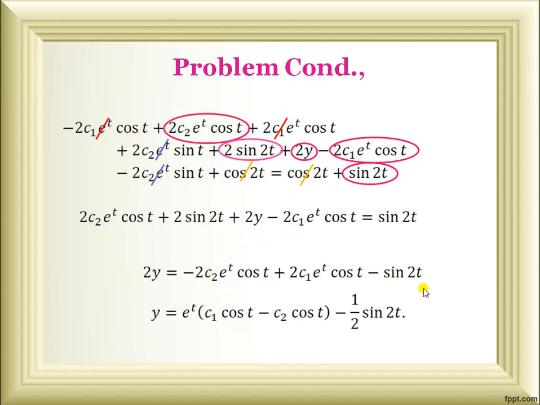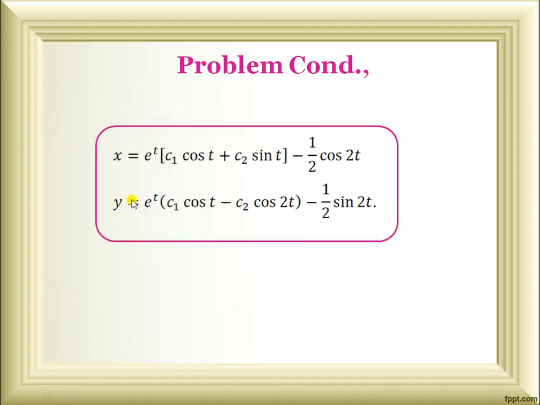Throughout I cancel out 2. I will get finally y is equal to, in the first two terms I am taking e power t common out, I will get c1 into cos t minus c2 into cos t minus half times of sin 2t. This is our y value. Previously I already found the x value. So this is our final solution for the given system of simultaneous linear differential equations.